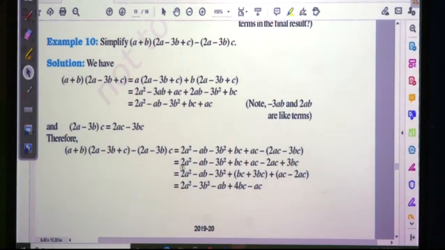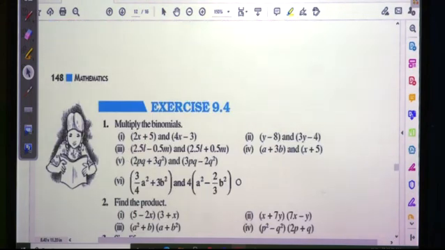This becomes 2a square minus ab minus 3b square plus bc plus 3bc, like terms, plus ac minus 2ac: 2a square minus 3b square minus ab plus 4bc minus ac. This is the answer of this simplification.